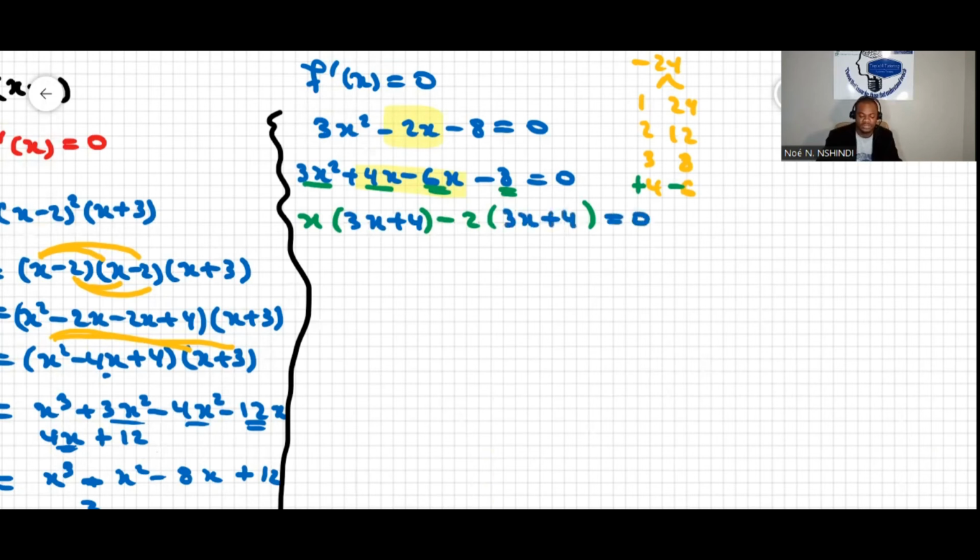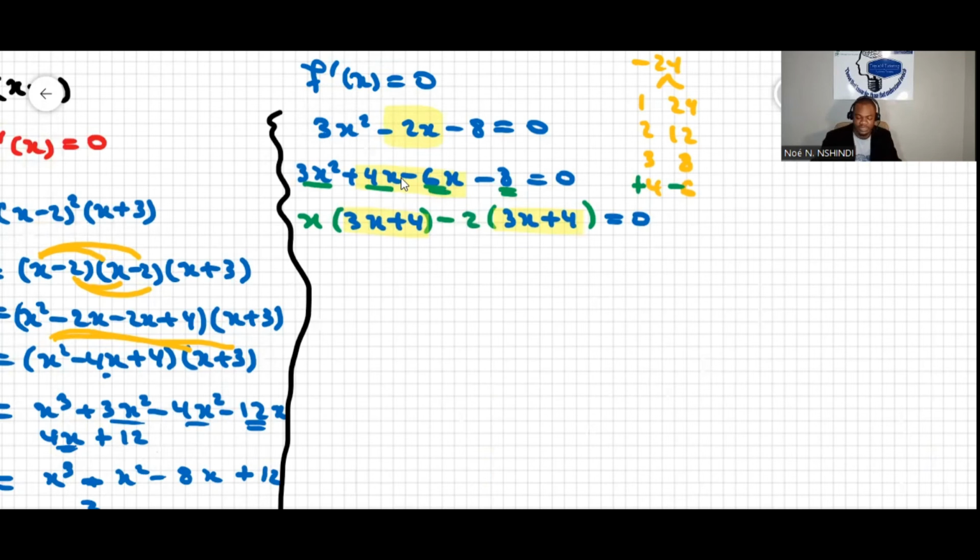Note it's negative that is taken out. If you multiply, you get negative 6x, and negative 2 times 4 gives negative 8. You must always get this and that common here. Otherwise, you didn't select the right couple of factors, or you didn't factorize correctly.